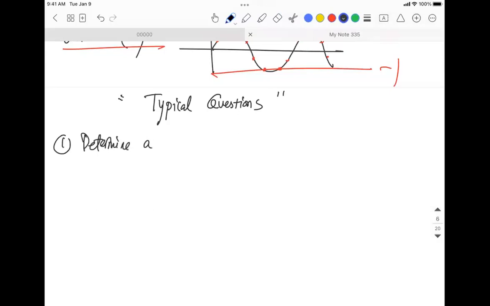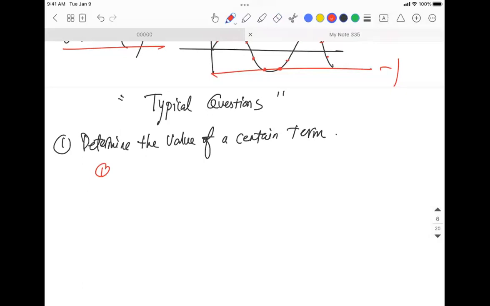to determine the value of a certain term. The question might give you a sequence and then ask you to determine the value of a certain term. So here, let me teach you the common strategy for solving such a problem.